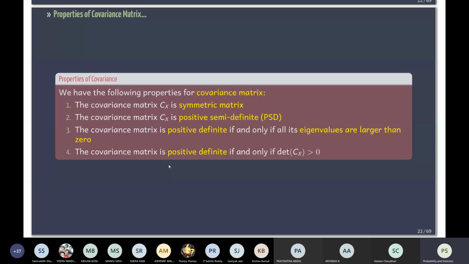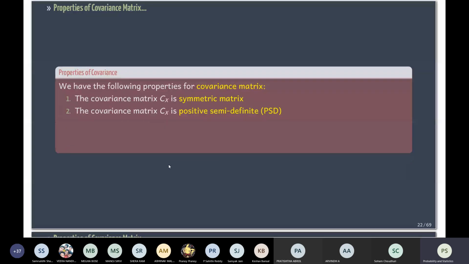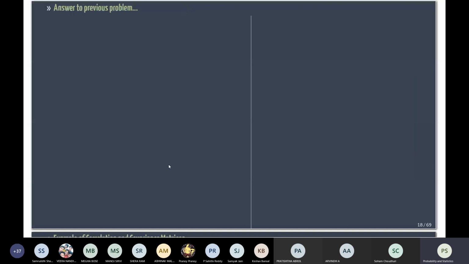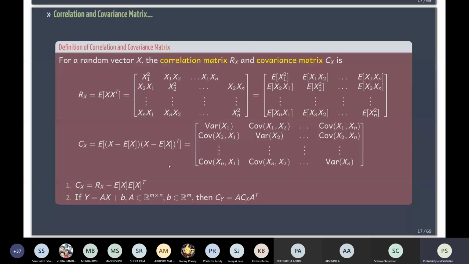So the covariance matrix is a symmetric matrix. Why is that the case? If we see the covariance matrix, we have to go all the way back. Yeah, so this is the definition of the covariance matrix. Okay, why is this supposed to be symmetric? Because of the covariance property of the two variable case that we have seen, that covariance of XY is equal to covariance of YX. So this is something we recall.